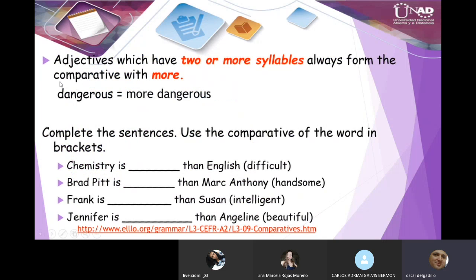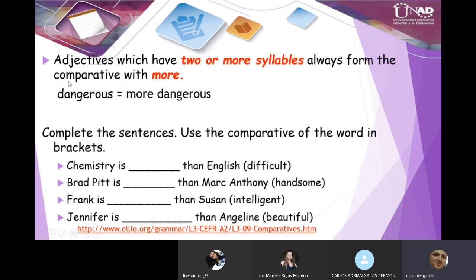Now, adjectives which have two or more syllables always, pay attention, always form the comparative with more. When we have adjectives with more than one syllable, we add more. For example, dangerous.